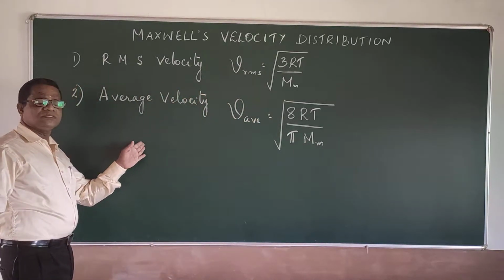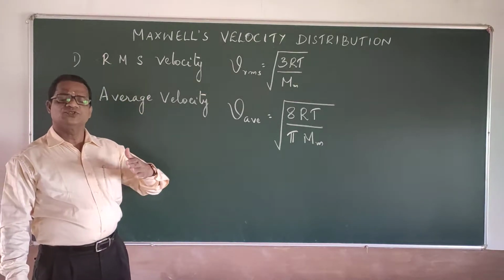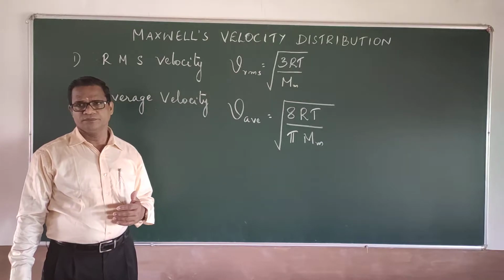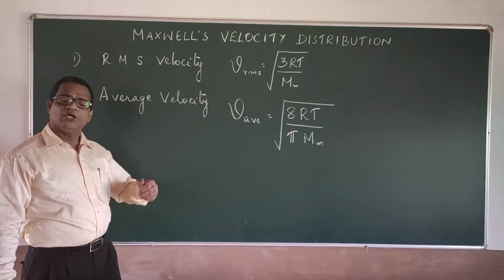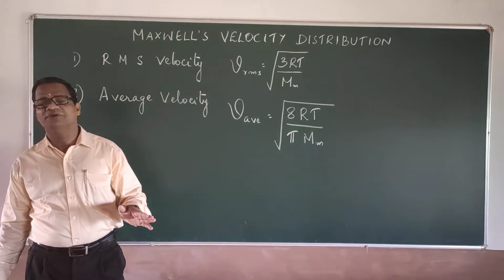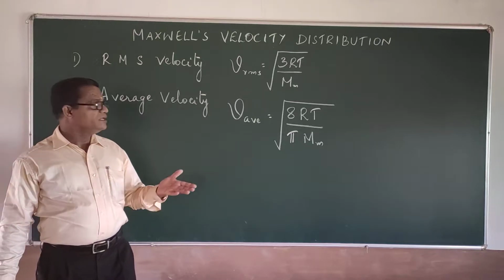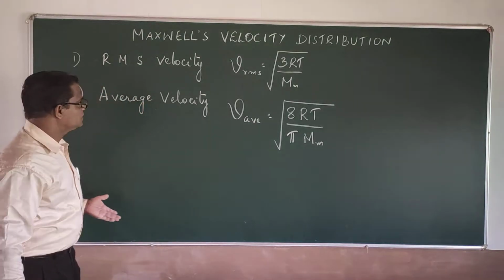Average velocity means a simple thing, that is the average of all the velocities associated with the molecules. Simple average. Adding all the individual velocities and dividing by that many molecules gives you the average velocity of the gas molecules, right?